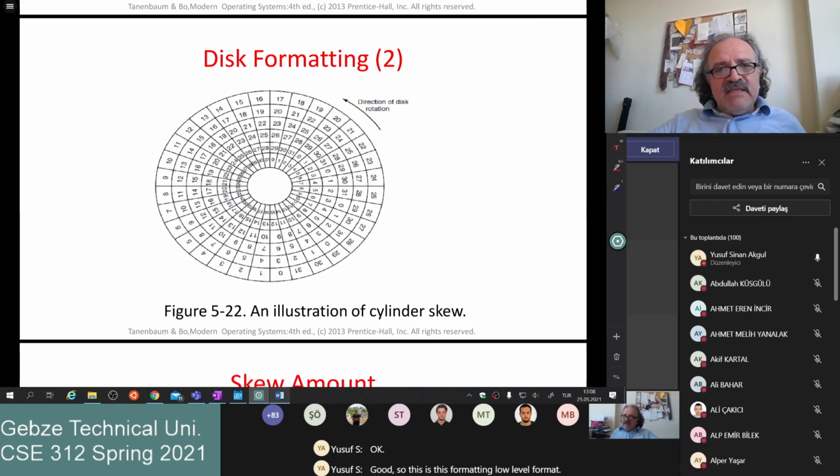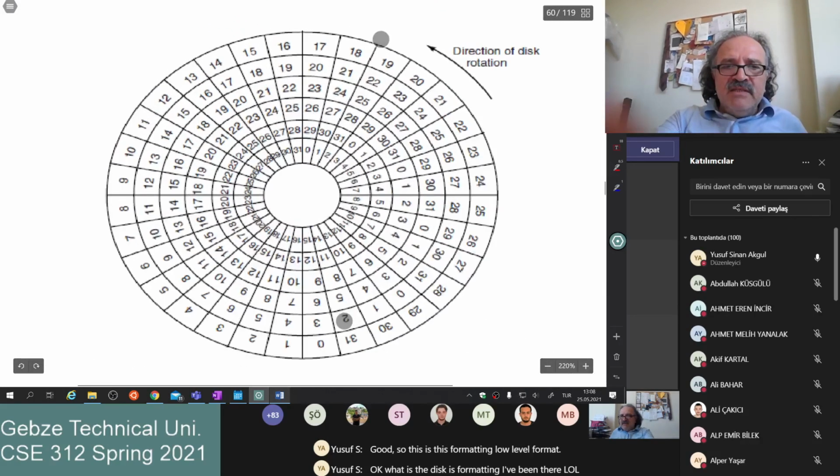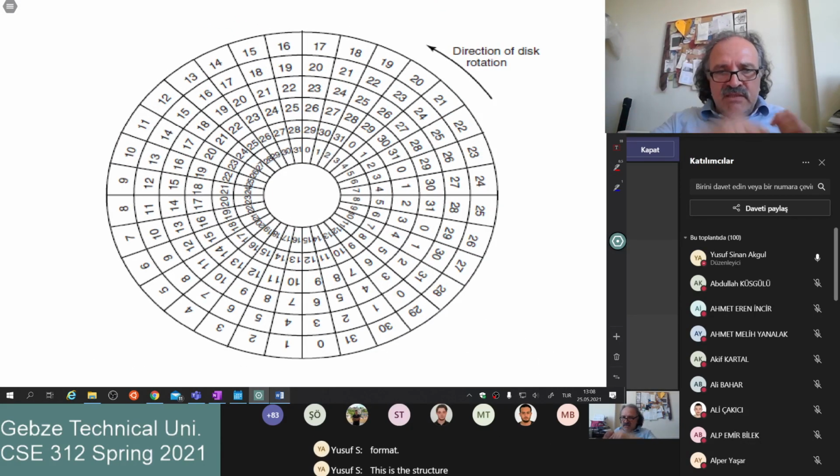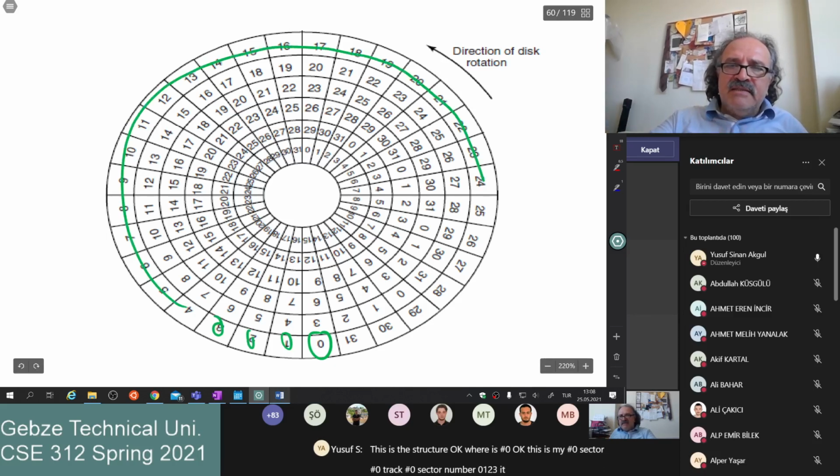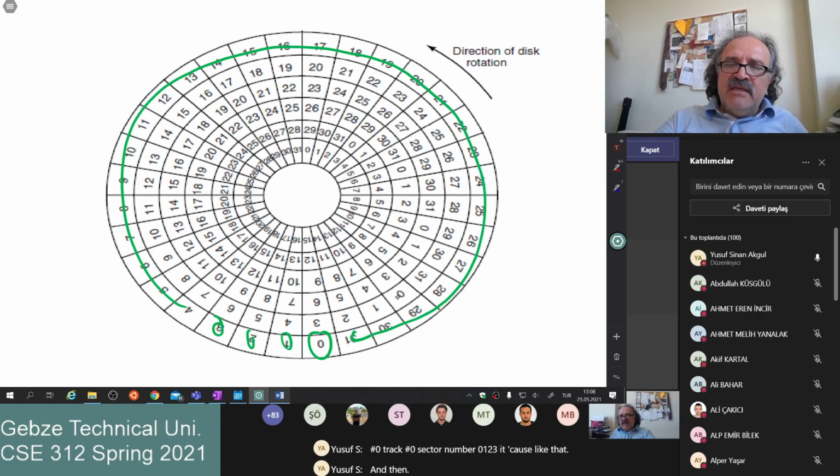Once the disk is formatted, I mean the low-level format, this is the structure. Where is number 0? This is my number 0: track number 0, sector number 0. Then 1, 2, 3. It goes like that. And then I have the second track, with sectors 0, 1, 2.